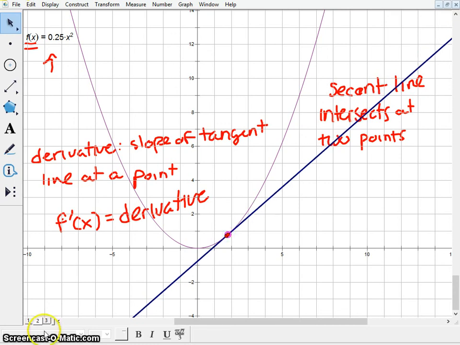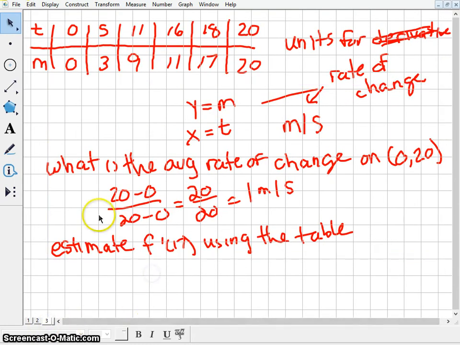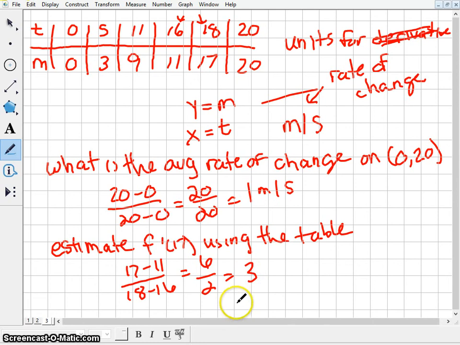So if we think about what's going on here, if they want us to estimate f prime of 17, we can find the average rate of change at points around 17. So if we look at these 2 points here, and we do 17 minus 11 over 18 minus 16, we're going to get 3.